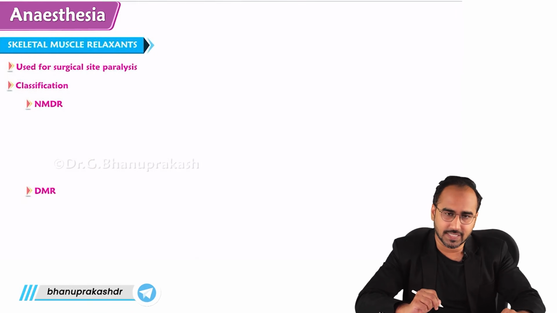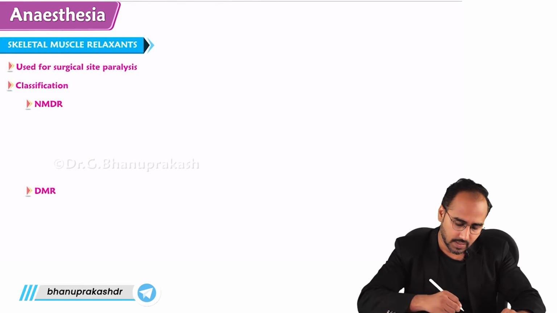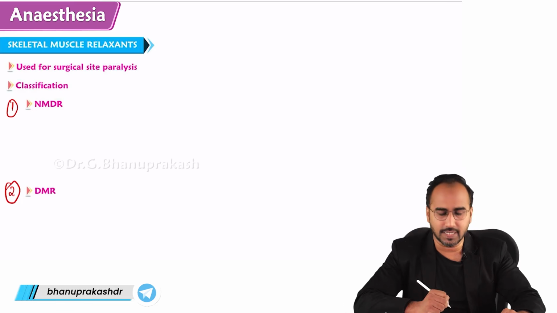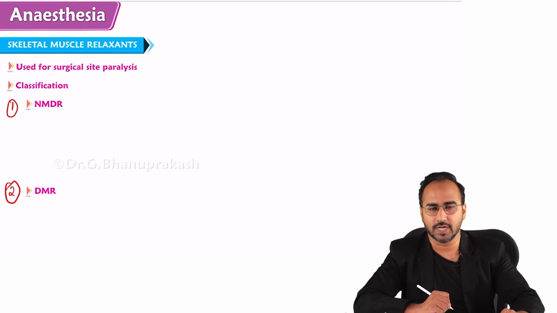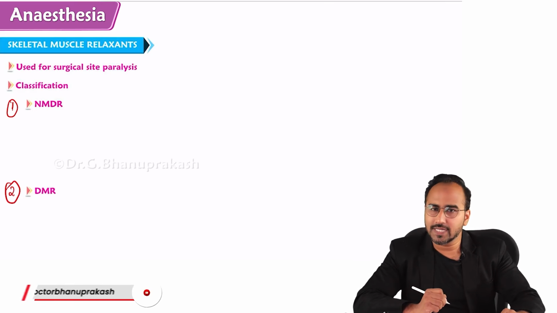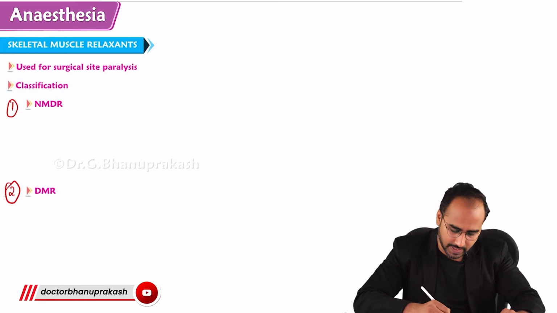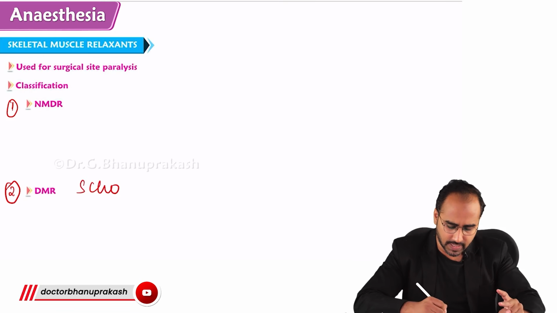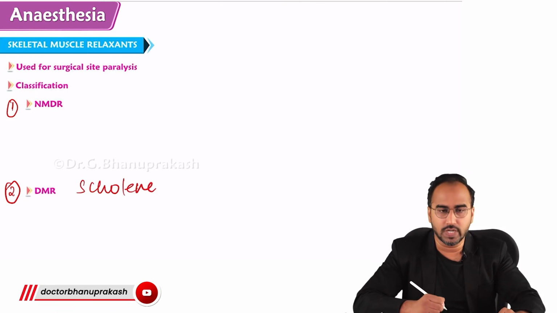This muscle relaxant has been classified into two categories. One is non-depolarizing, and the other is depolarizing muscle relaxant. In depolarizing muscle relaxants, we have only one drug, which is called scoline.